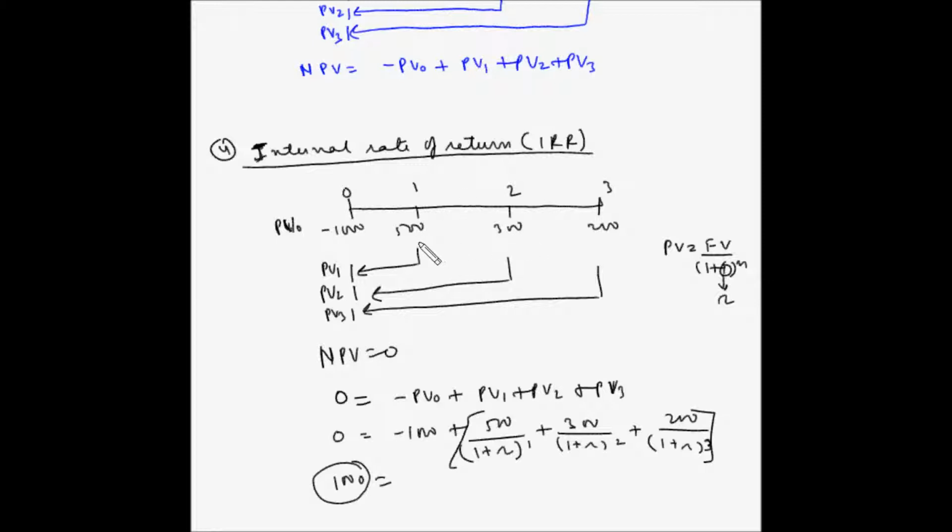So if this rate of return is more than the cost of capital, or in other words, if this rate of return is more than, let's say, the interest that we have to pay for borrowing the money to fund this project, then the project should be accepted.